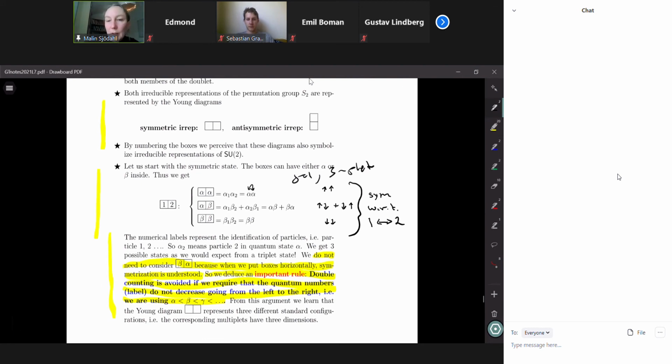So what we did for SU2 was that we took the highest state, and in this case, that would be both spins up. Then we acted with the lowering operator, such that one spin at a time was turned down, and then we obtained this state.